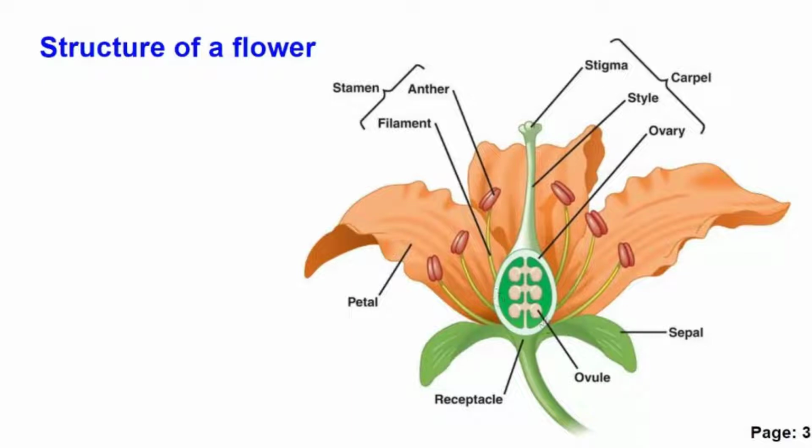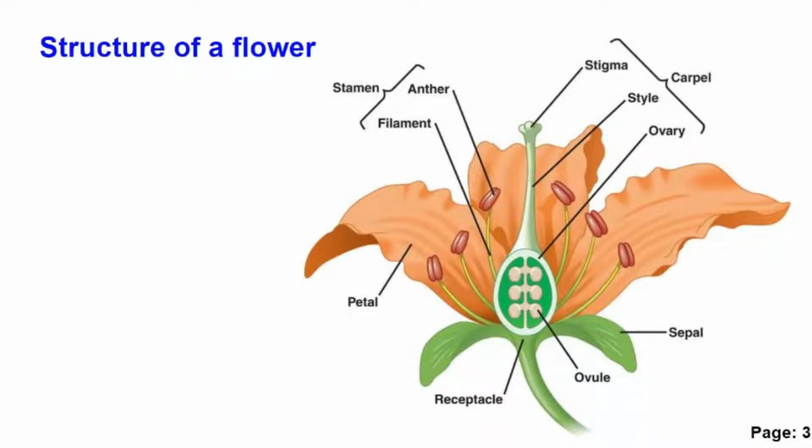The ovary is the swollen part, and it is the lower part of the carpel. And the ovary contains ovules. It can be one or more, according to the plant species. For example, this flower, the apple flower, contains many ovules.